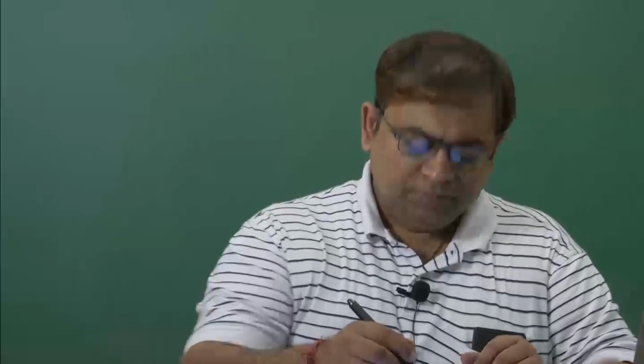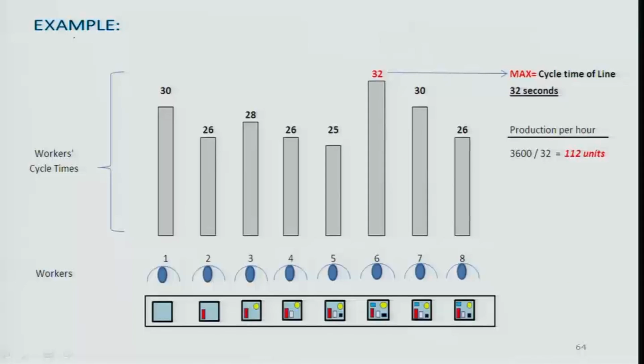For example, let us say we have an assembly line which has a number of workers, about 8 workers here, and there are 8 stations on this particular assembly line. Through any of these approaches, including the stopwatch approach or the cycle graph or chrono cycle graph, we have been able to record the times of individual operators on such an assembly line.